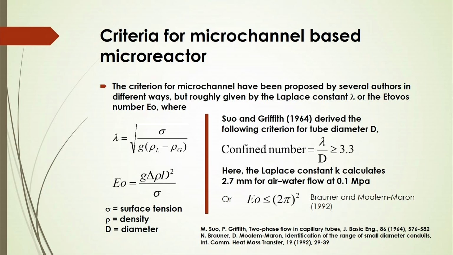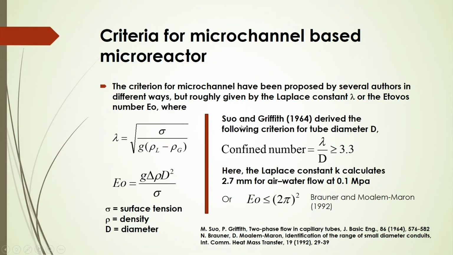If it is a rectangular channel, then the hydraulic diameter should be considered, and if it is a circular channel, then of course the diameter is the circular channel diameter, and the hydraulic diameter will be the same.